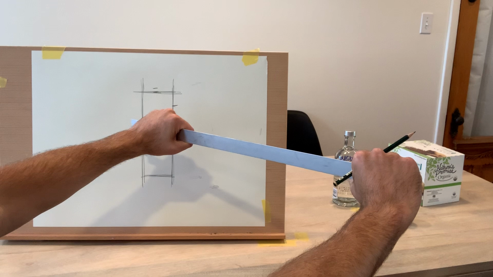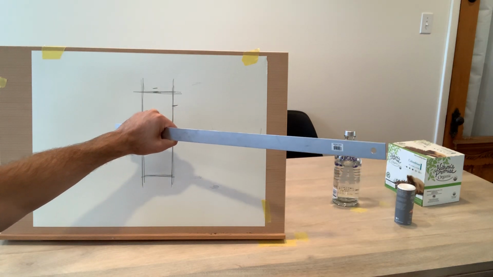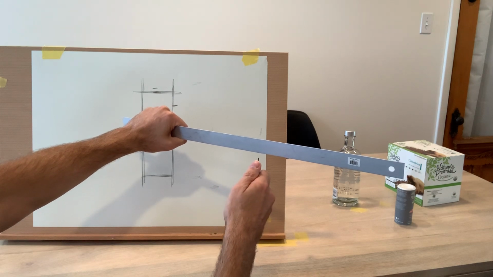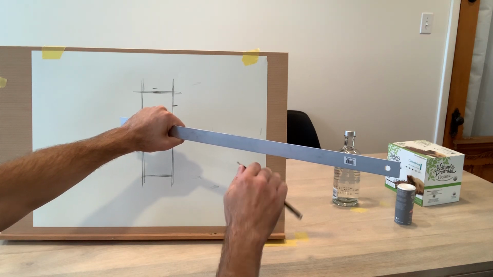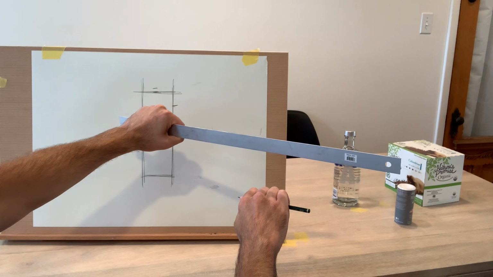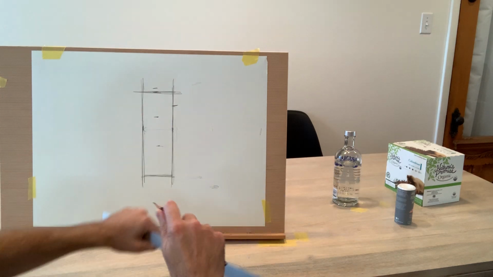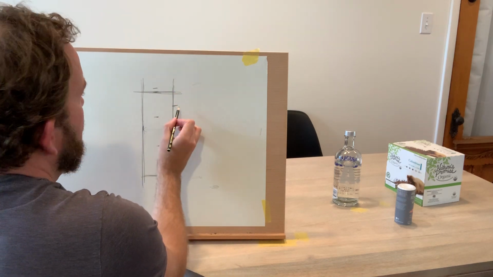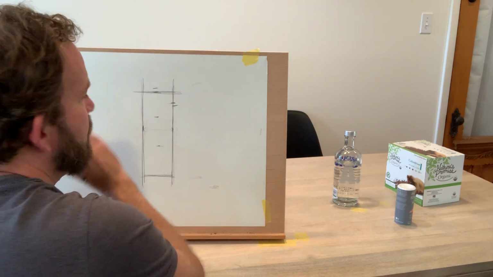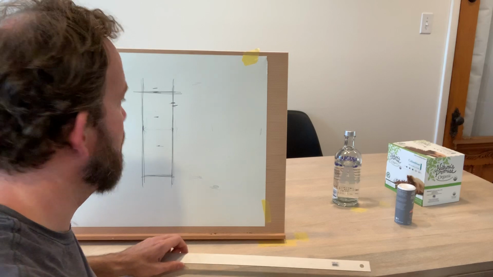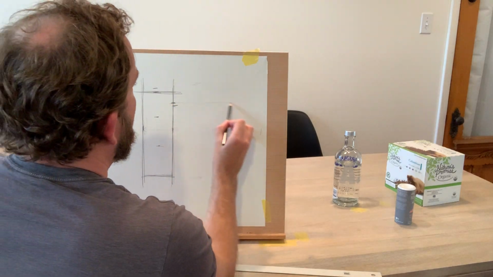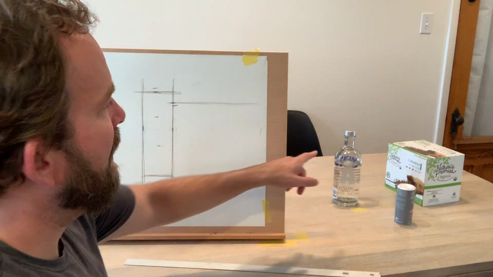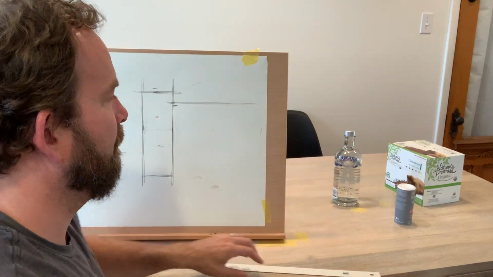And what I do is I can actually measure the top of this line here, slide my thumb down to the corner, and compare it to the width of the bottle. Yeah, wasn't that much. It was about right here. So it's a little less than what I thought. So I'm going to run a line across. That represents the back of that form.